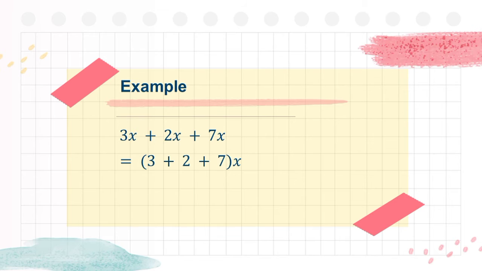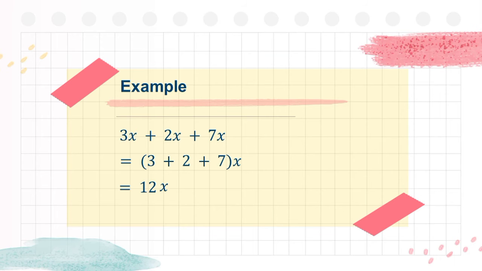What is in the bracket, we add up, the result is 12. And last, we multiply by x. Then the result of 3x plus 2x plus 7x is 12x.